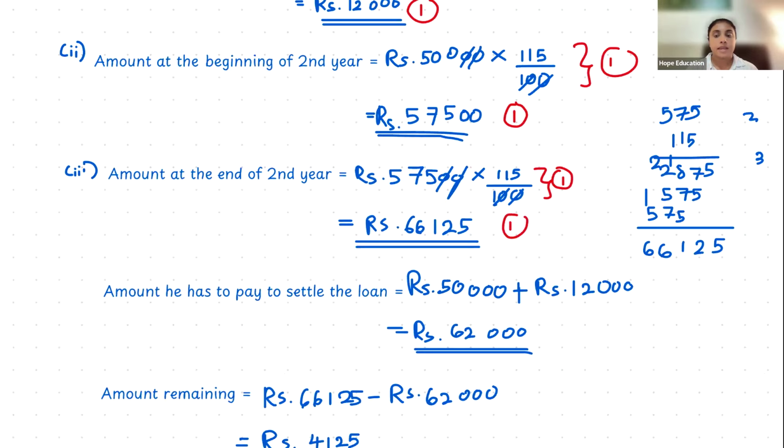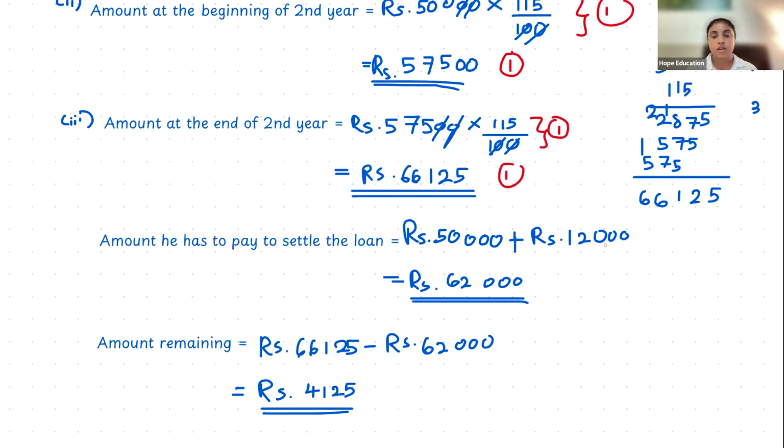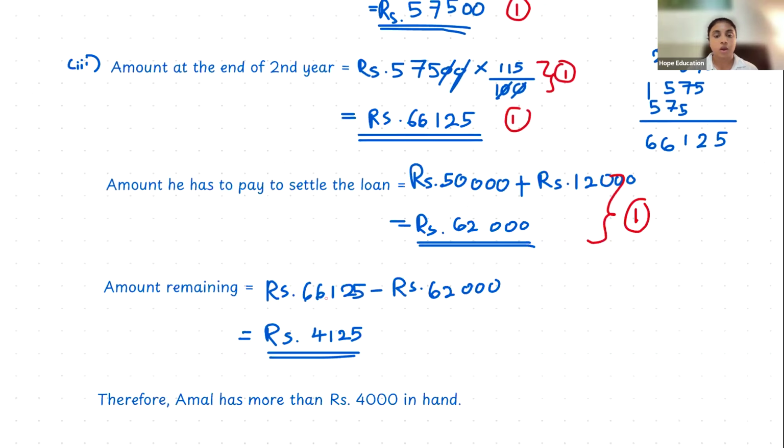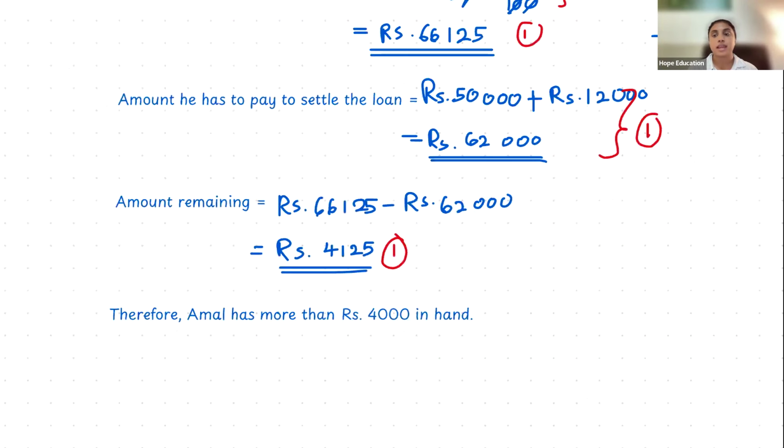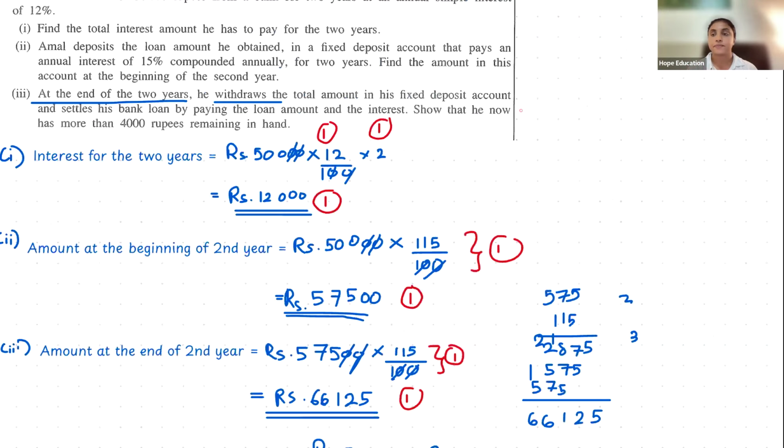And මේ දෙක add කරලා 62,000 කියලා ගන්නවට ඒ මුළු එකටම 1 mark දීලා තියෙනවා. And for subtracting this from this and finding 4,125, 1 mark, and at the end you have to write this statement or show, right? Because they ask you to show that he has more than 4,000. For that 1 mark. 1, 2, 3, 4, 5, 6, 7, 8, 9, 10. Okay, now tell me how many marks you got out of 10.